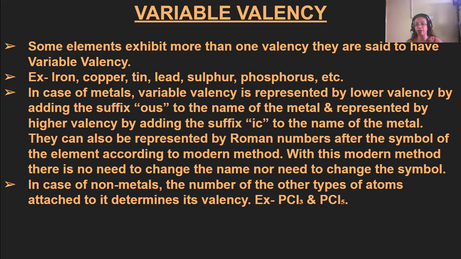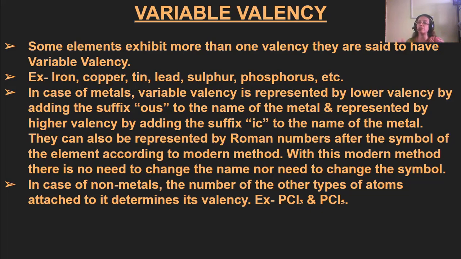For example, iron with the lower valency 2 is known as ferrous, and iron with valency 3 is known as ferric. Okay, ferrous, ferric. So this is an example of variable valency, having "ous" as the suffix of the lower valency and "ic" as the suffix of the higher valency.